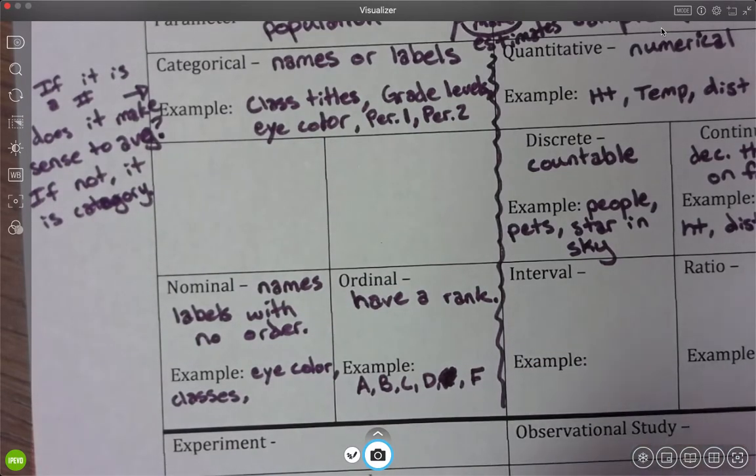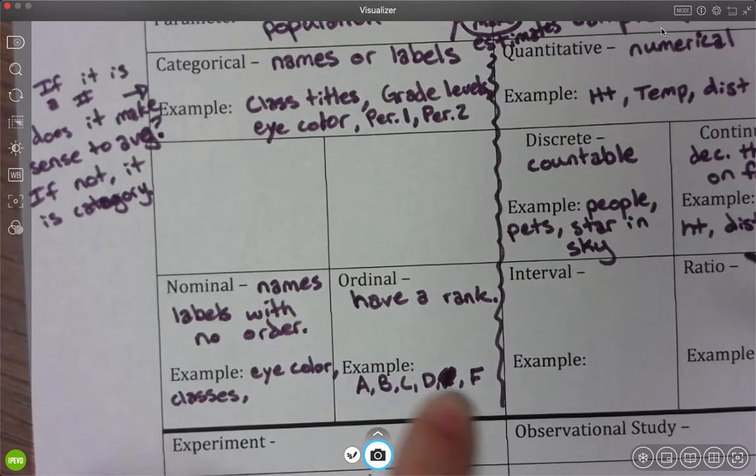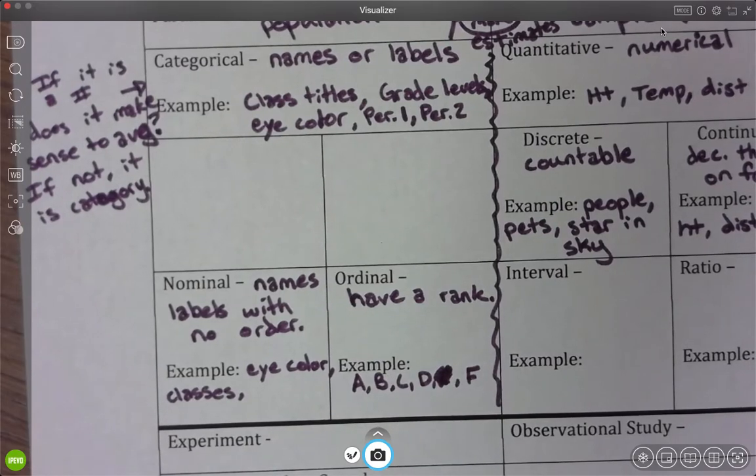Those are categorical data because you're getting labels on how well you perform. And there is a ranking system to how well you are doing. So that's an example of an ordinal, or them you putting them in order.